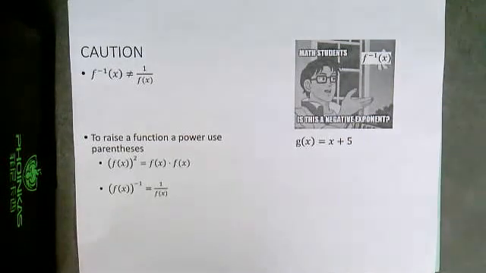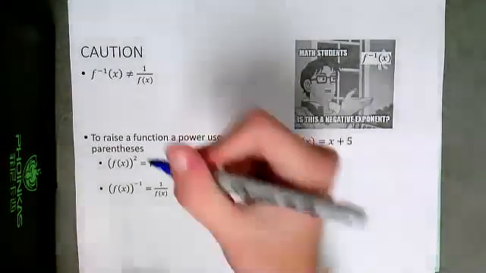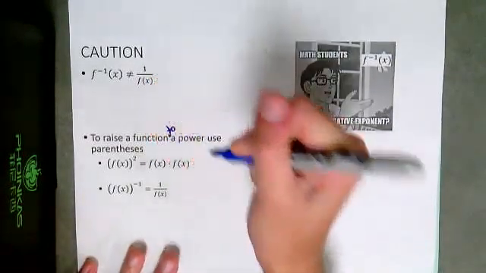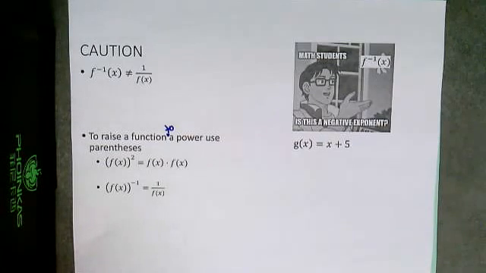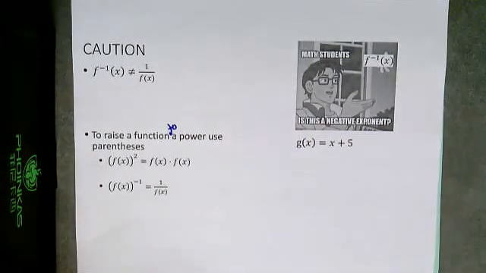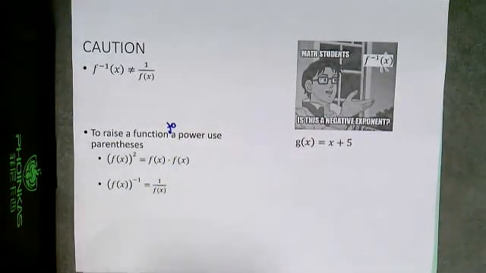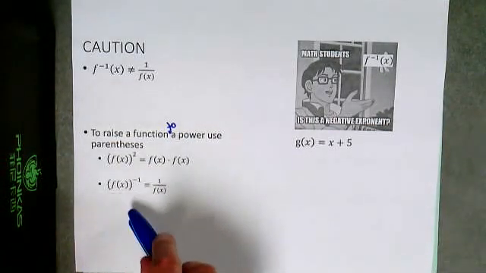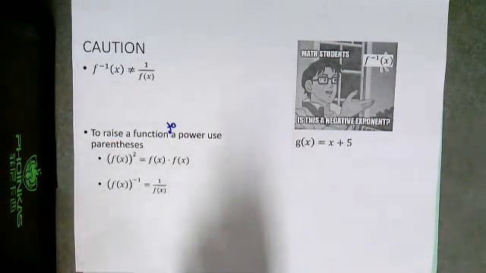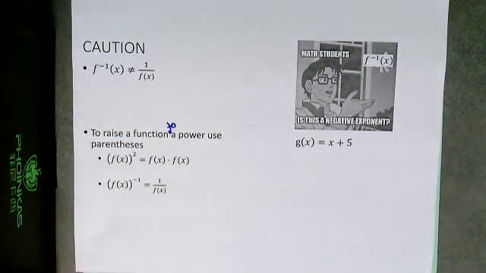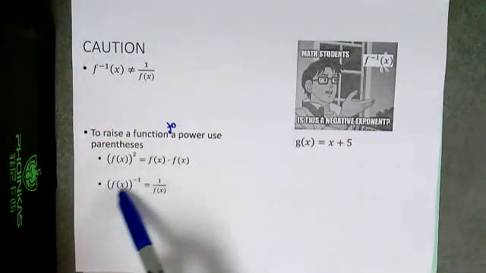To raise a function to a power, use parentheses. So if you wanted to say f squared of x, you would use parentheses as shown here, and that would be f of x times f of x. Similarly, if you wanted to denote 1 over f of x, you would have parentheses f of x parentheses to the negative 1, right? It is a little dangerous if you do not do this and you think it means this.